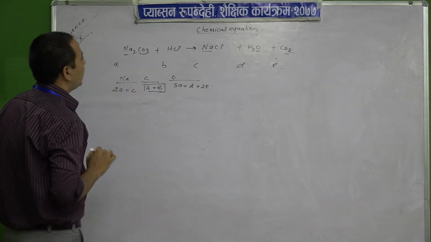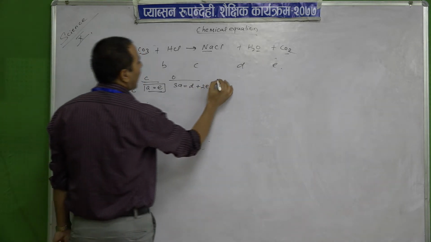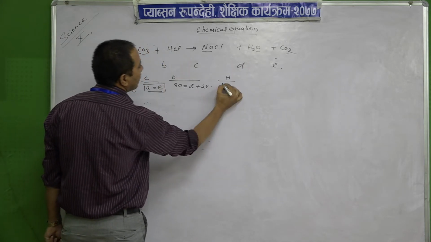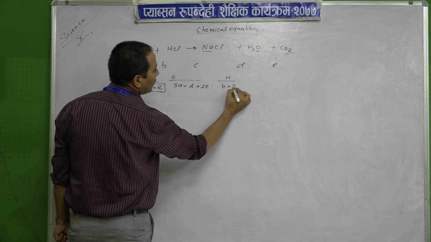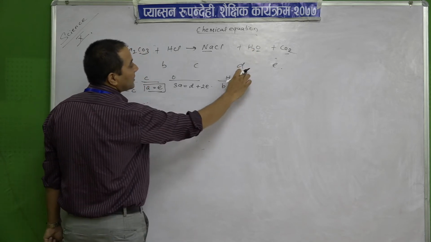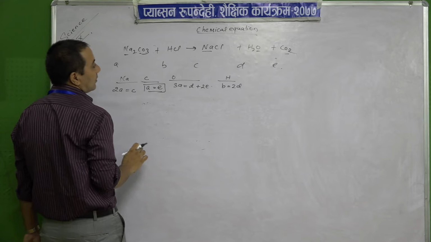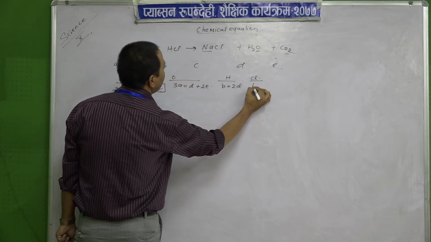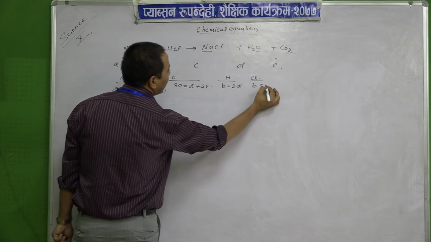Then hydrogen: B equals 2D, since 2 hydrogens are there. Then chlorine: B equals C.